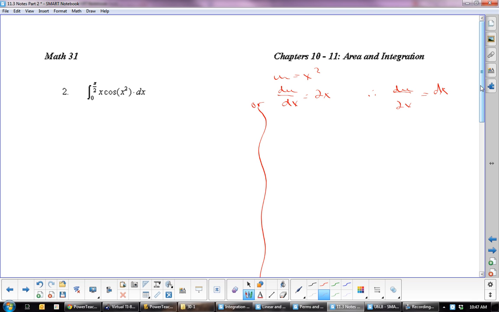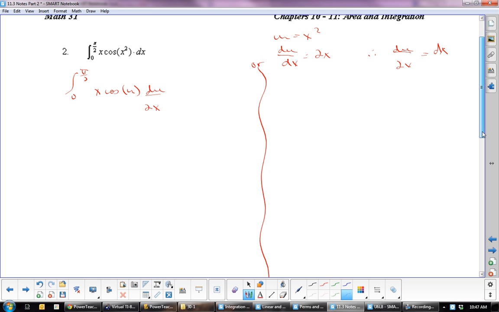Okay, so if we're doing it the first way, 0 to pi over 2 of x cos u du over 2x. The x's cancel, so I'm doing the integral from 0 to pi over 2 of 1/2 cos u du.